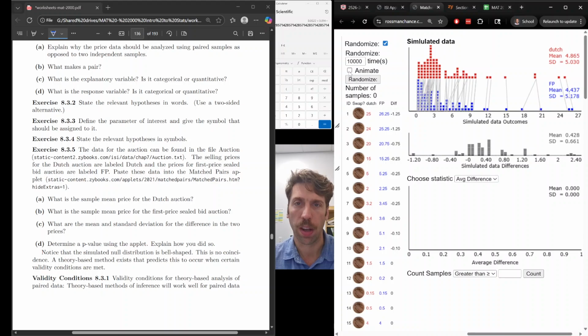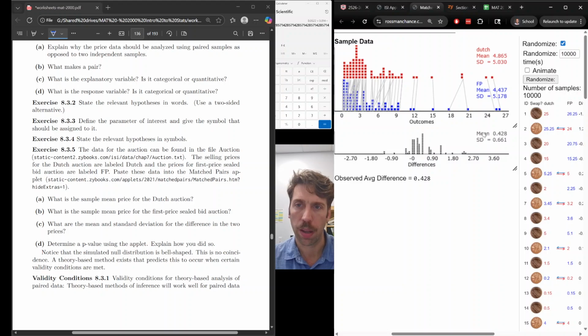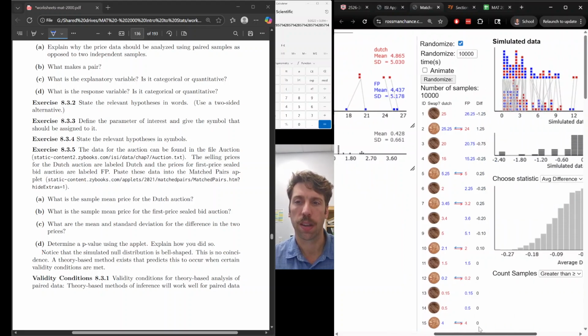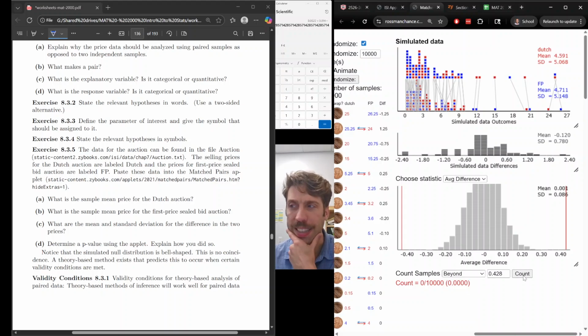Don't want to animate it. Randomize. It does take some time to do 10,000. There we go. And so then take my observed difference, copy it and paste it here. Make this match my alternative hypothesis. And I'm getting a p-value of roughly 0.